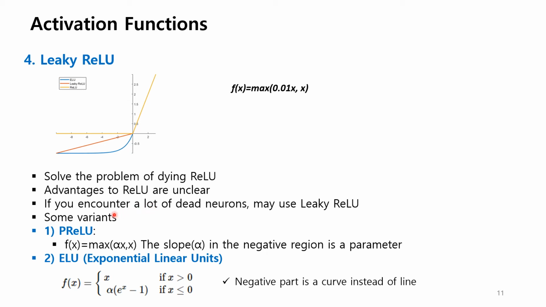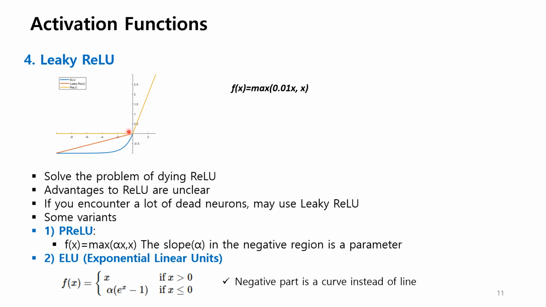There are some variants of leaky ReLU. We have another one called PReLU. In PReLU, you can decide the value of the slope by giving alpha. This is the slope of the negative line here. So the slope is another parameter that determines the slope of the negative line. Another one is called ELU, exponential linear unit.